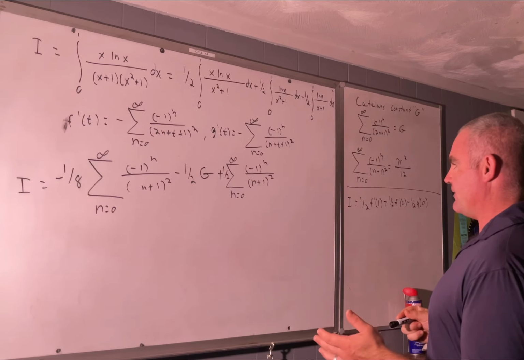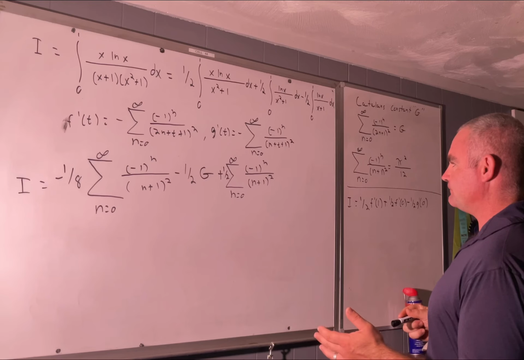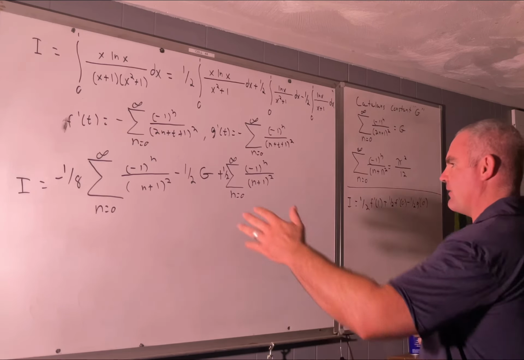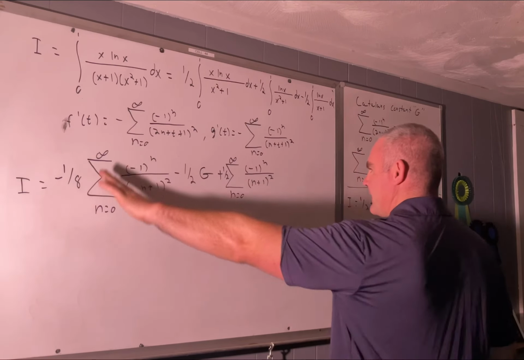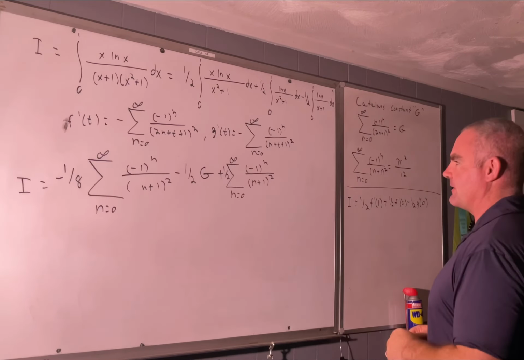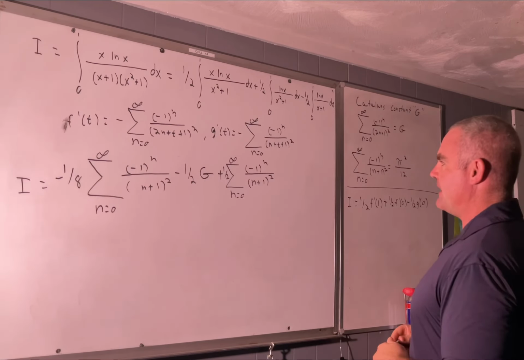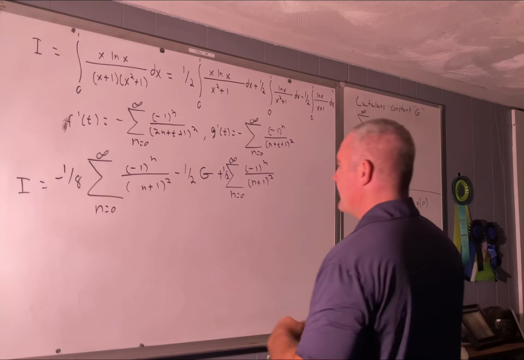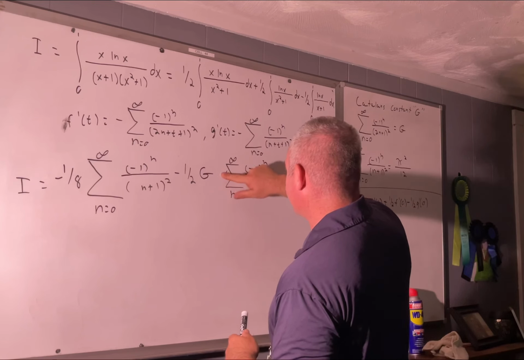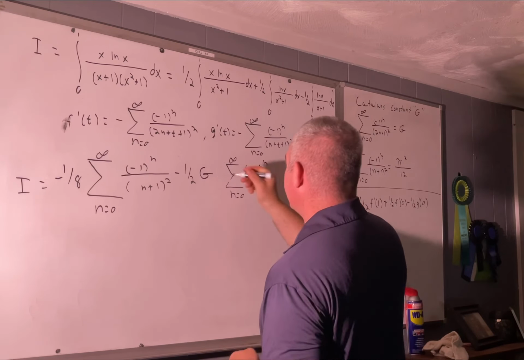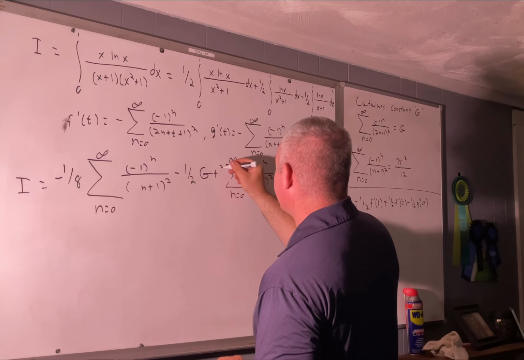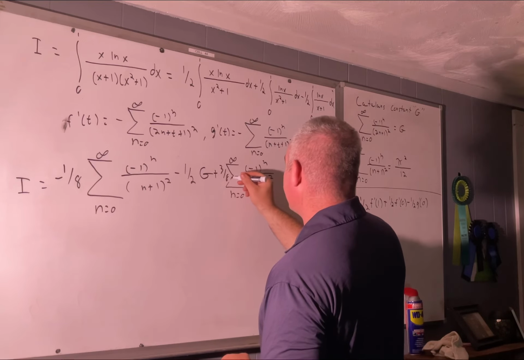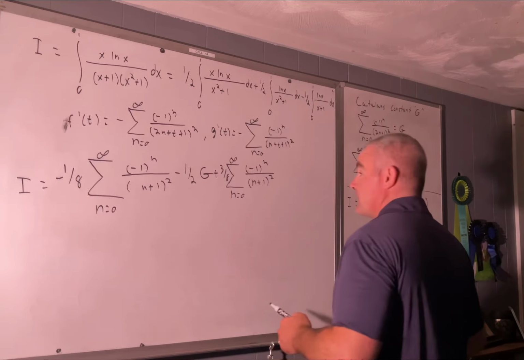So let's just continue. We have a minus 1/8 of something and then plus 1/2 of something. So that's going to be plus 3/8 of that thing.